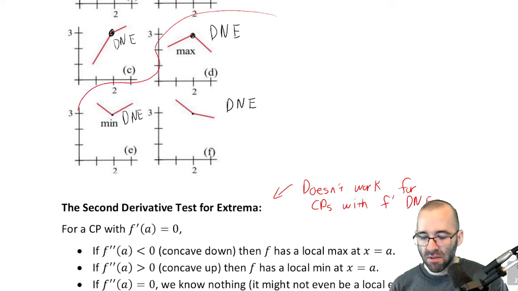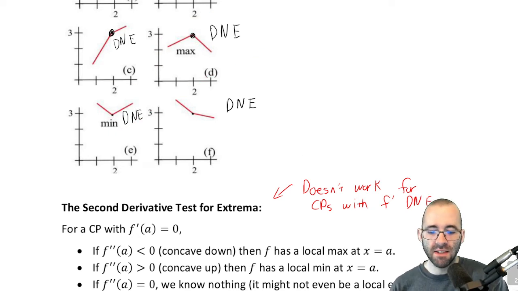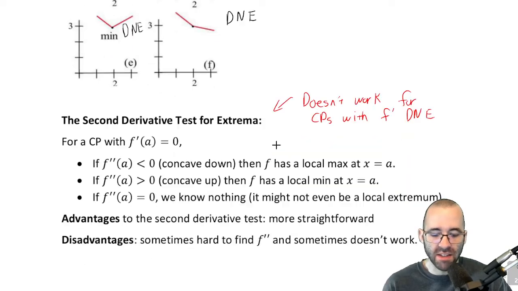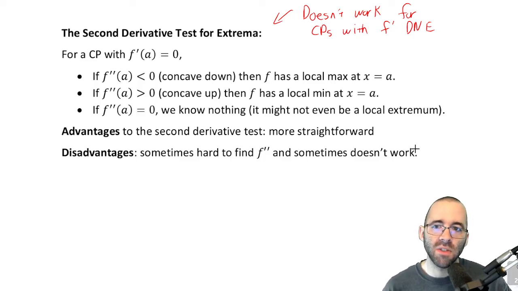We can't use it for these critical points because the second derivative doesn't exist either. It doesn't tell us anything. So that's already some bad news. The second derivative test doesn't always work. It's only for certain critical points.